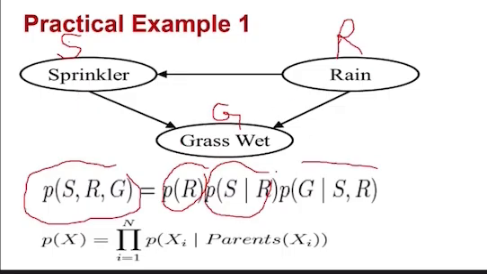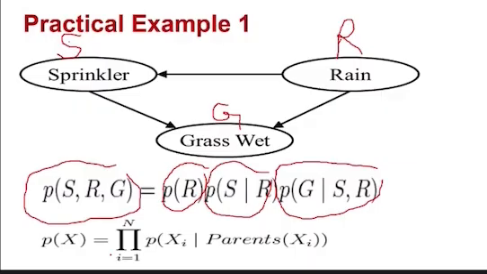And that's why we have the probability of G given S and R. So this is what we call a factorization. The probabilistic graphical model enables us to represent the joint probability of the sprinkler, the rain and the grass wet as that.